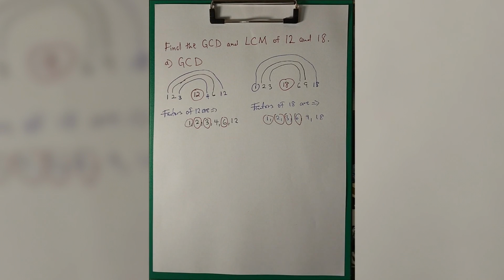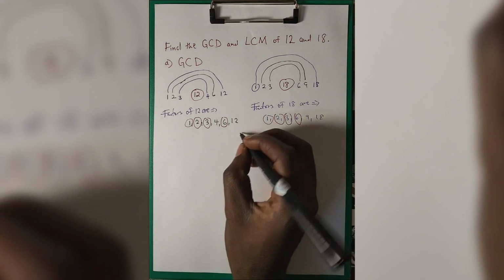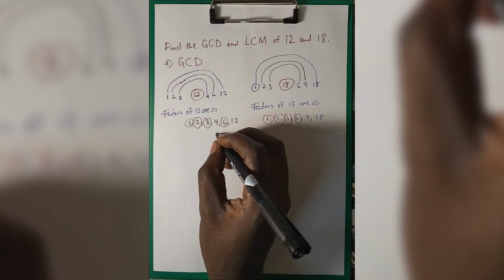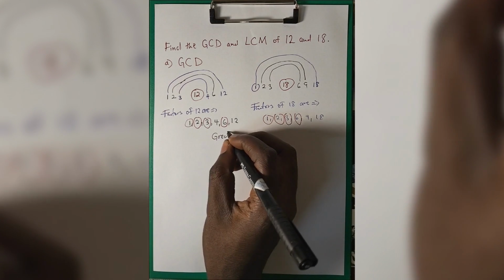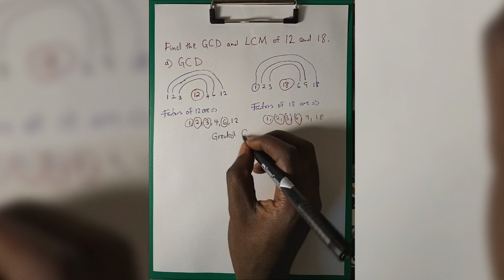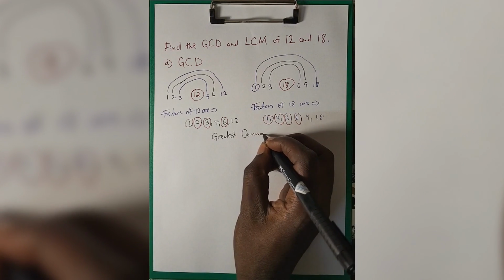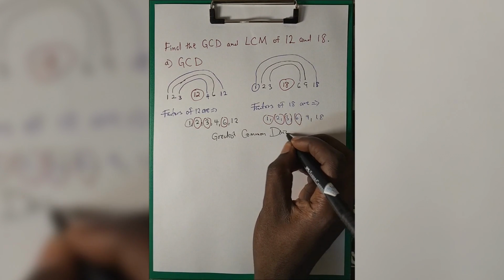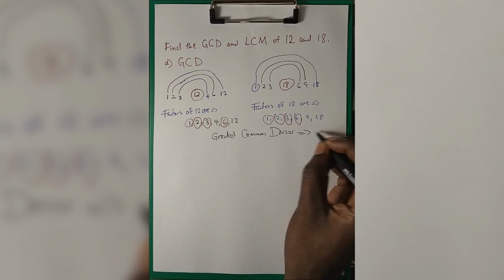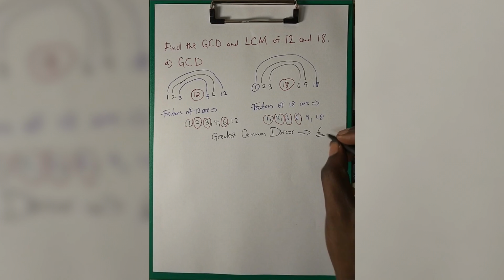Now from these common ones, which one is the greatest? The greatest is 6. The greatest common divisor is 6. Now that's the GCD.